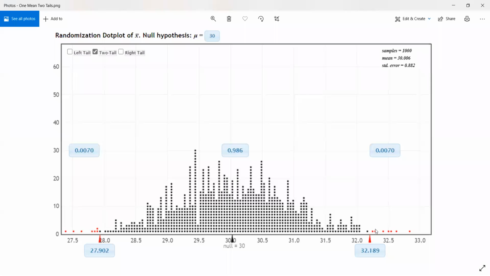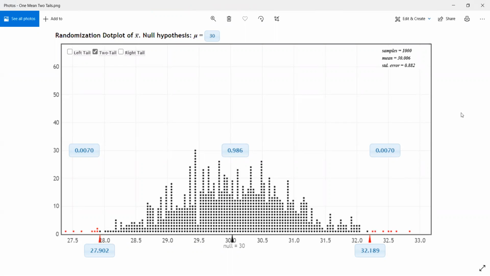All right, so here is a screenshot of a randomization dot plot of X bar.